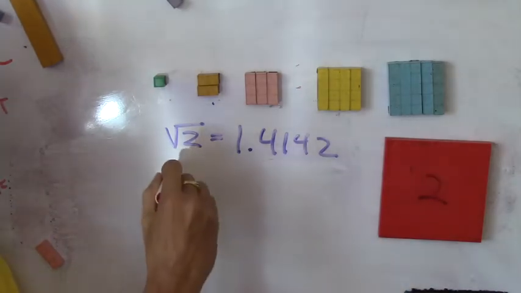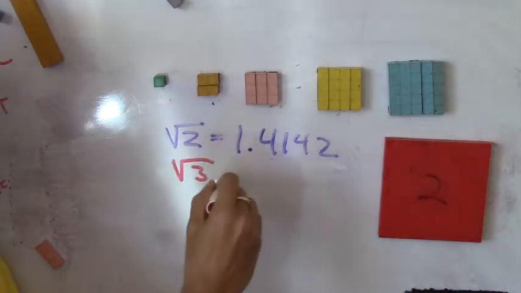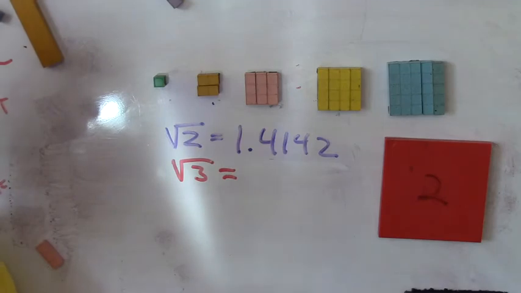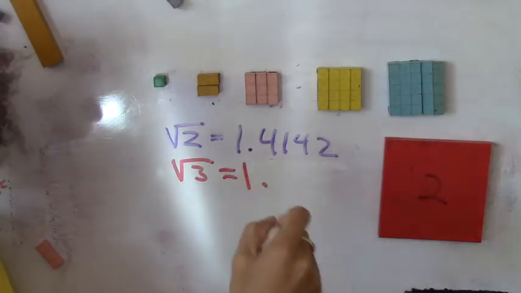Alright, how about the square root of 3? The square root of 3 is 1.732050808.